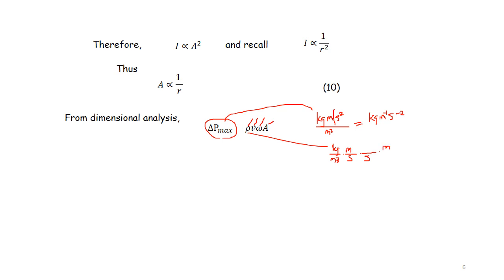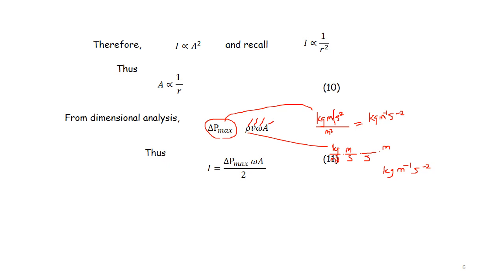So if you look at it, we have kilogram, meter squared over meter cube, then per seconds squared. Do you now see? So anywhere you have this expression in our previous equation, you can substitute the maximum pressure there. So let's go on.